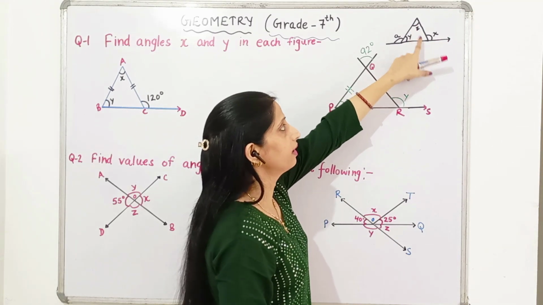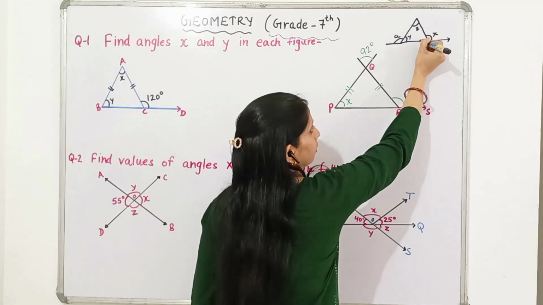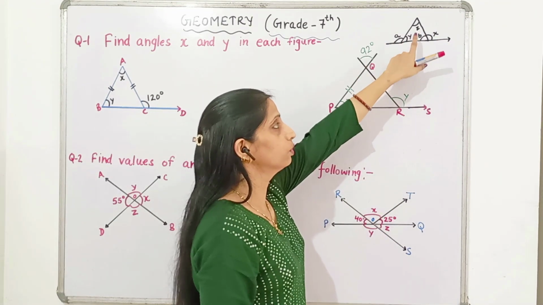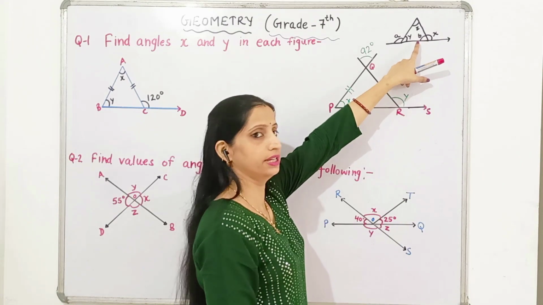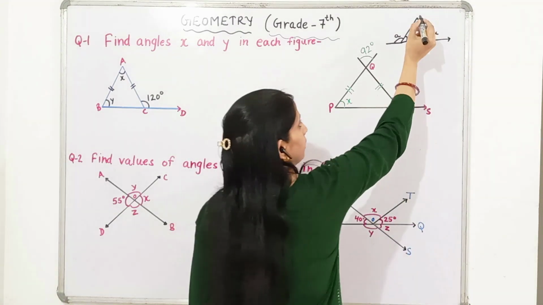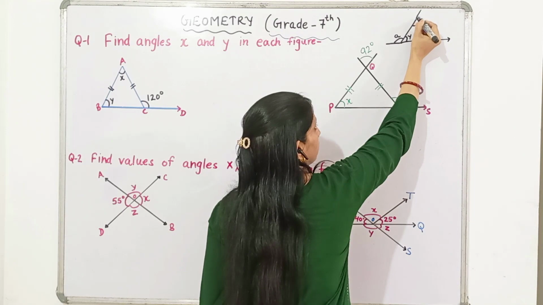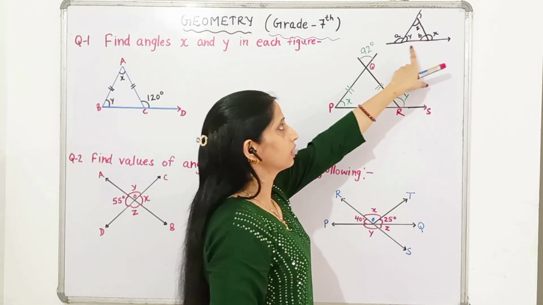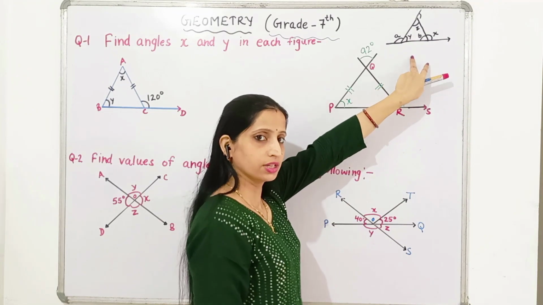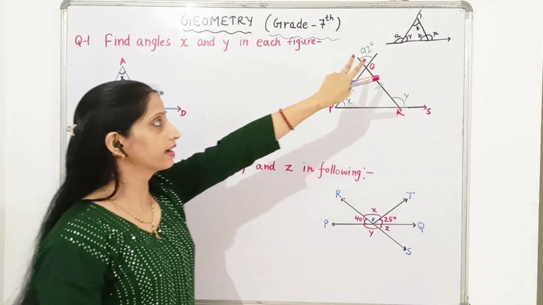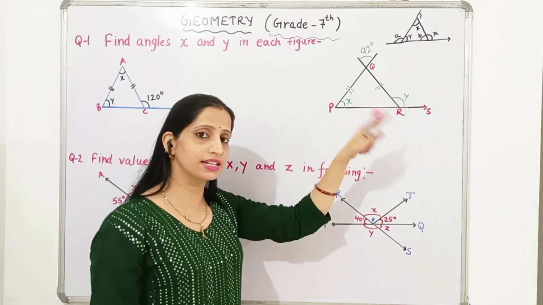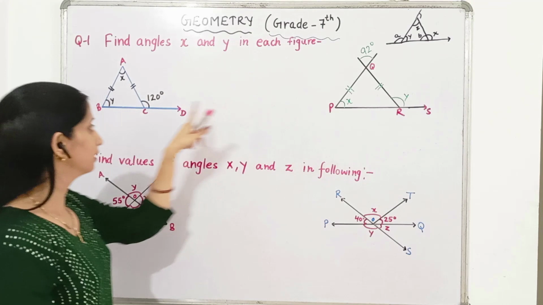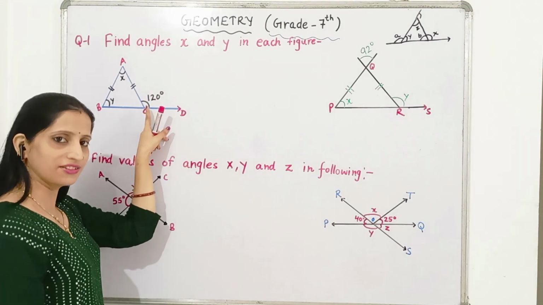That is Z, and let's name this one B. So angle A will be equal to angle Z plus angle B. And similarly, if you extend this side, then this exterior angle will be formed, and it will be equal to the sum of y and b. So exterior angle means the angle which is formed in the exterior of the triangle. Like in this question, y is the exterior angle. In this question, the exterior angle is given as 120 degrees.